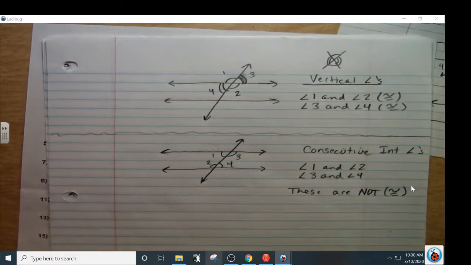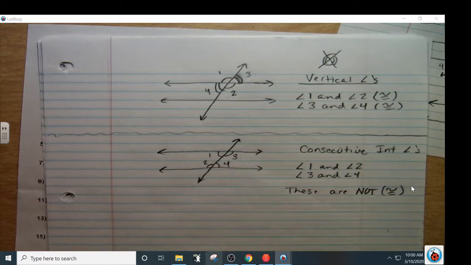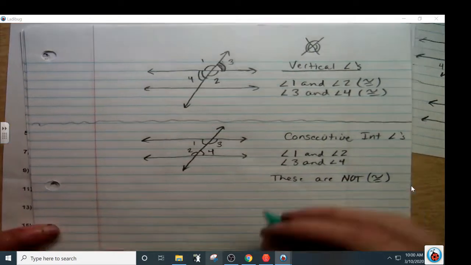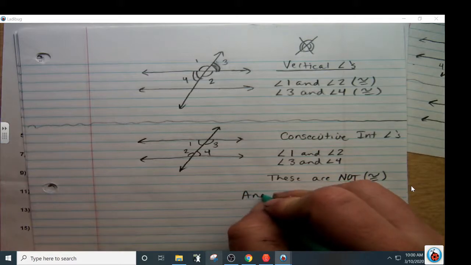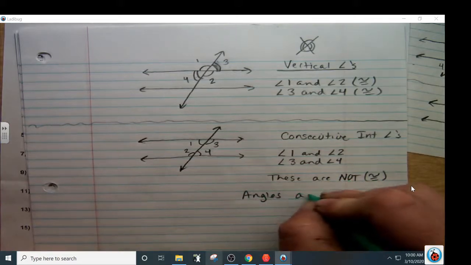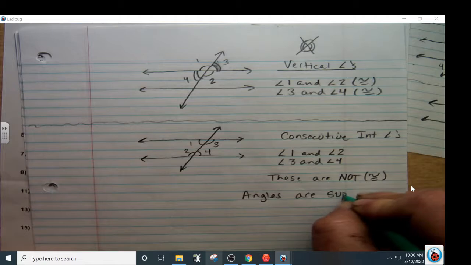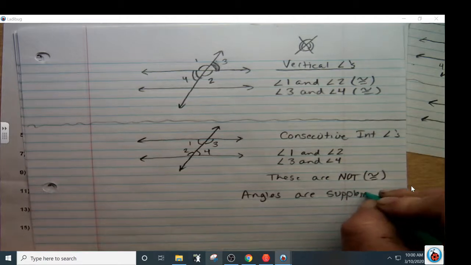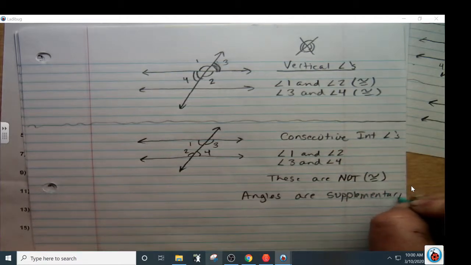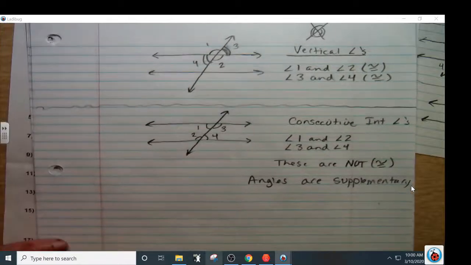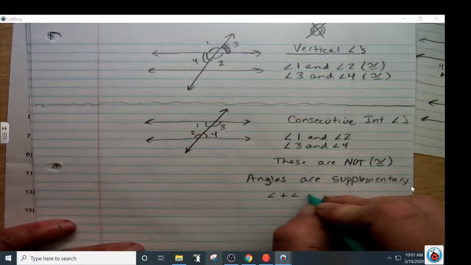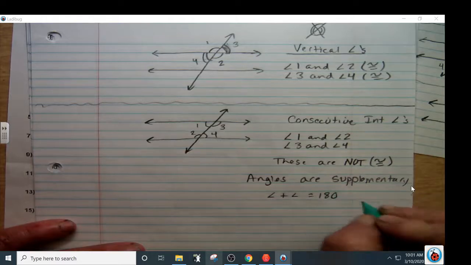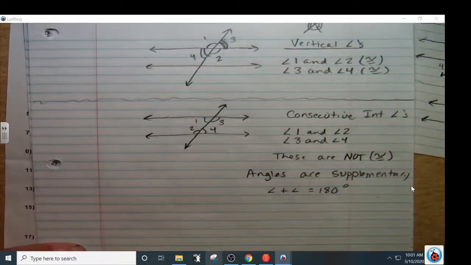You can kind of tell one angle is a lot bigger than the other. One of them is obtuse. These angles are supplementary, which means if you add them together, they equal 180.